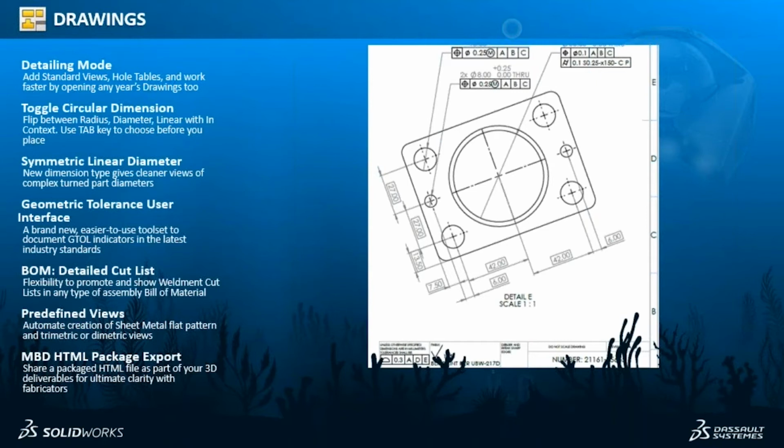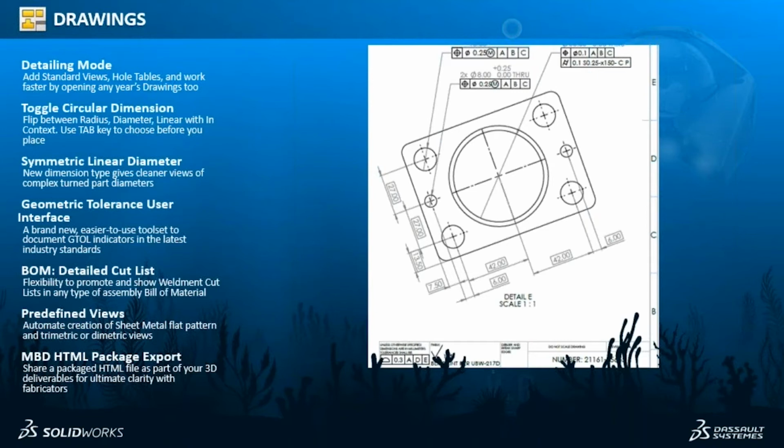Again, the big thing this year is detailing mode, right? When you have those large complex assemblies and drawings, and a lot of you have many sheets, you could have 5, 10, 20 sheets in a drawing, section views and all kinds of stuff.